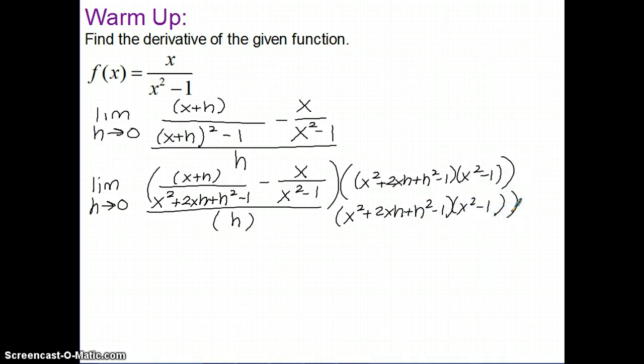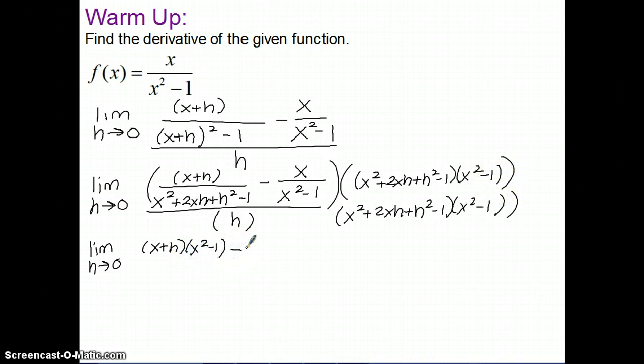So when I multiply up top, I got to, again, keep this limit going. And when you multiply up top, this times this, that crazy part cancels out, and you're left with the x plus h that's already there times this part here that wasn't in the bottom, the x squared minus 1. Minus.